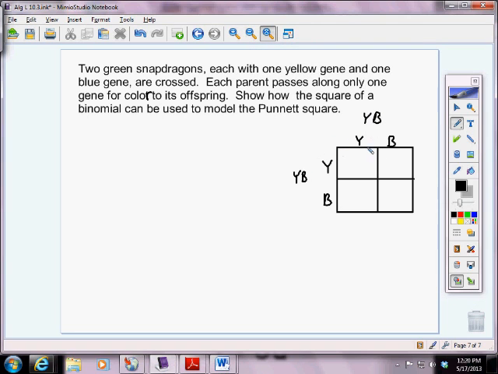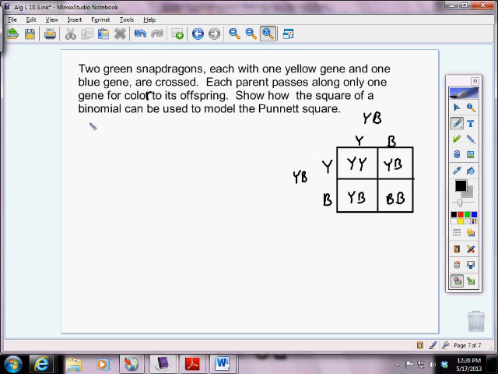Each parent is giving 1 yellow and 1 blue gene to their offspring. So we could either have a yellow and a yellow, a blue and yellow, or blue and blue. And of course, depending on which one of these is the dominant color would depend what color they are.